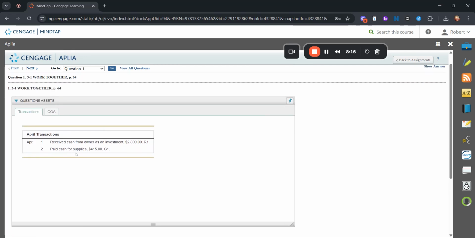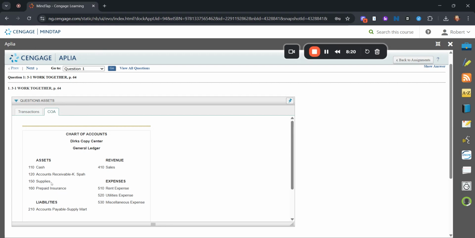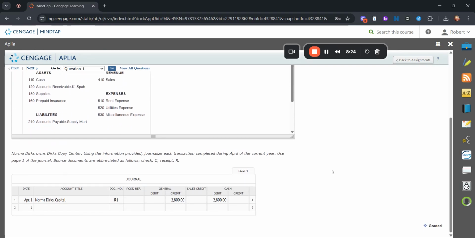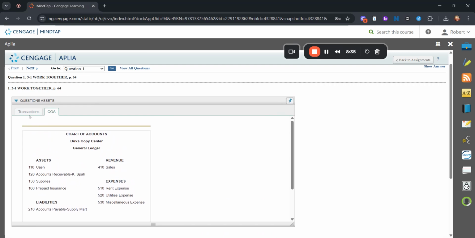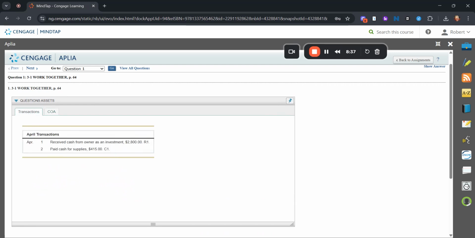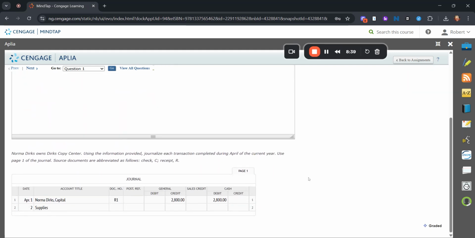And our account title for supplies, you can look at the COA, but it's just going to be supplies. So we'll put supplies. And that is check 1, so C1 goes in the document number.